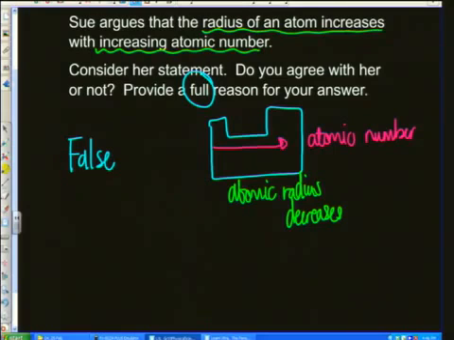She said that the radius increases with increasing atomic number. But as you go across, the radius decreases. It's high over this side and low across there.